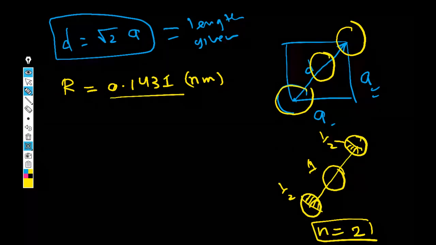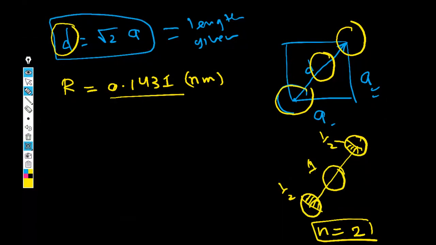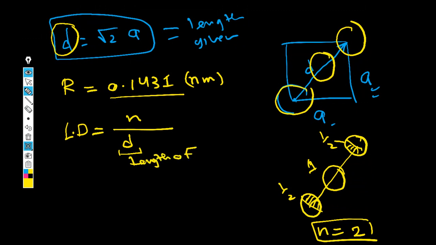So if this radius is R, we need to find the distance D. Because the linear density is equal to the number of atoms divided by D, where D is the length of the direction. So how to find D?